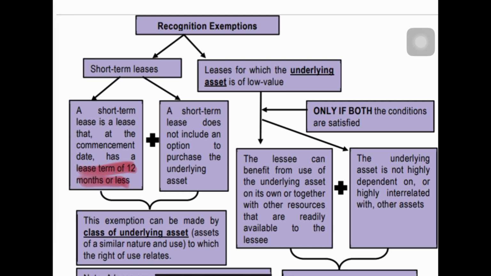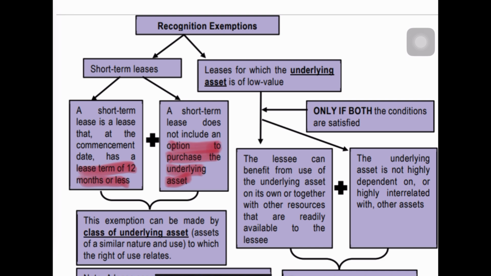The second condition is that a short-term lease does not include an option to purchase the underlying asset. So even if it is a short-term lease of less than 12 months, if at the end of the lease period the lessee has the option to buy those assets, then Ind AS 116 will be applied, even though the lease term is less than 12 months.